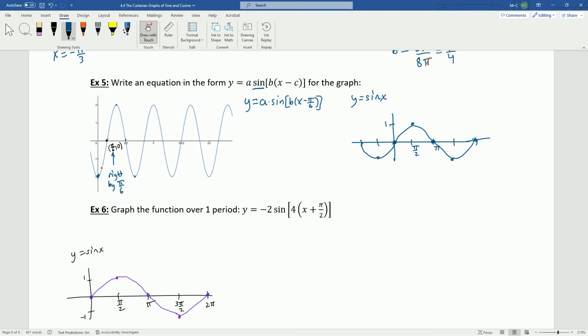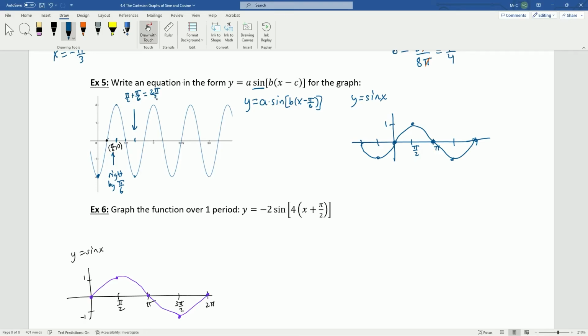So let's think about it. If this goes to pi over 6, from the minimum to the 0, then that makes this next mark pi over 3, and the next mark pi over 2, and each of these is pi over 6 apart, right? So this is pi over 2 plus pi over 6. Pi over 2 is 3 pi over 6 plus pi over 6. It's 4 pi over 6.